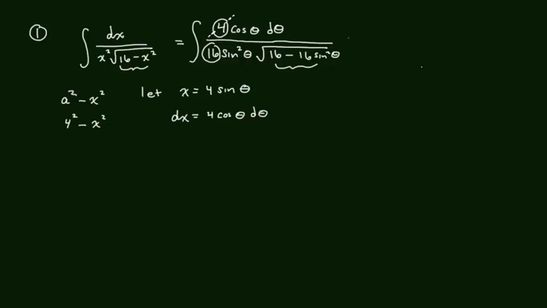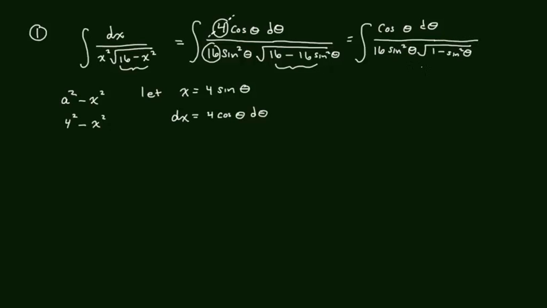So we are left with the cosine of theta d theta over 16 sine squared theta, and now we have the radical of 1 minus sine squared theta.